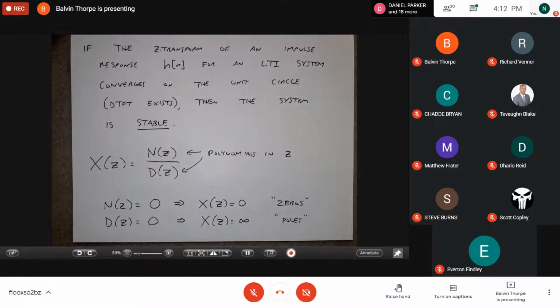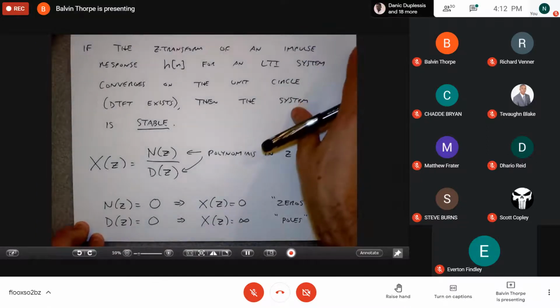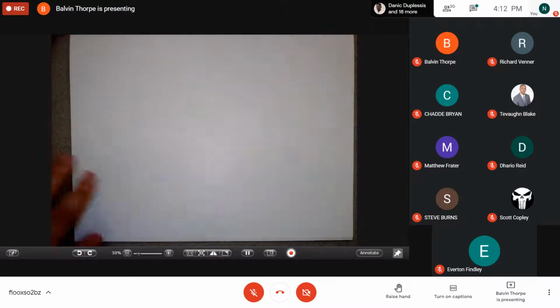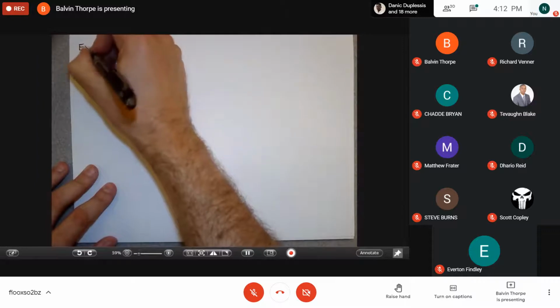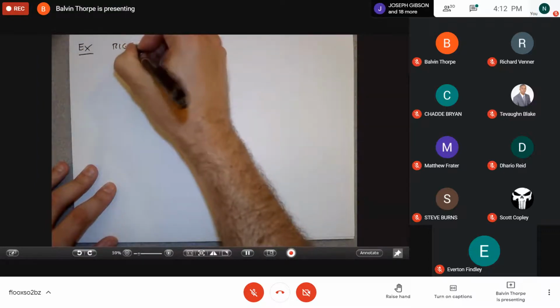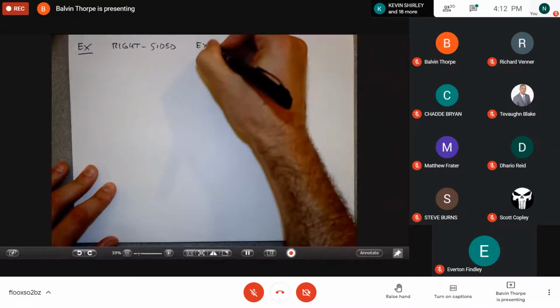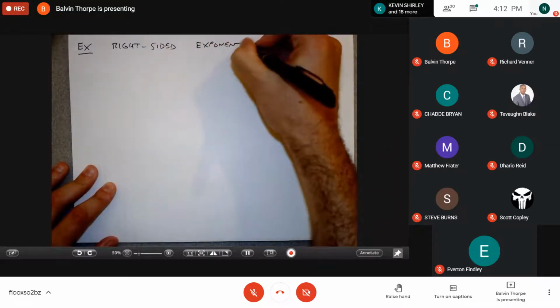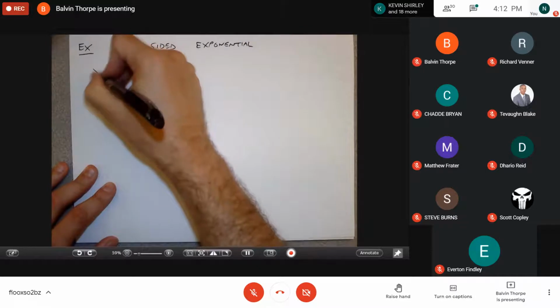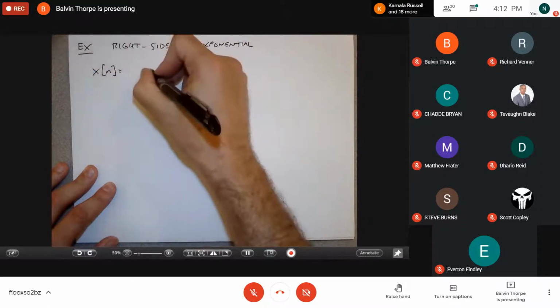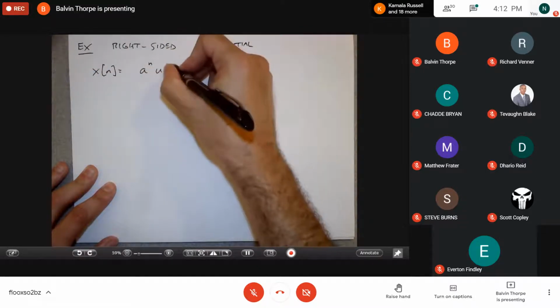So let's do an example of an exponential sequence. What I'm going to call this is a right-sided exponential: a to the n u of n.